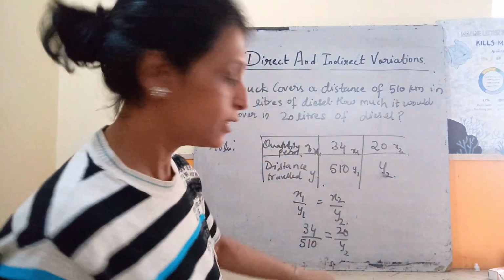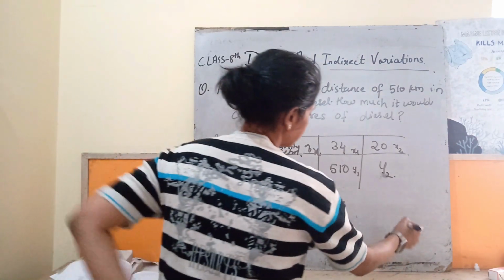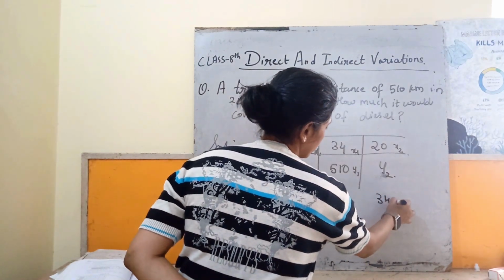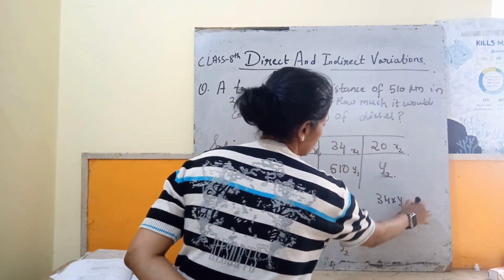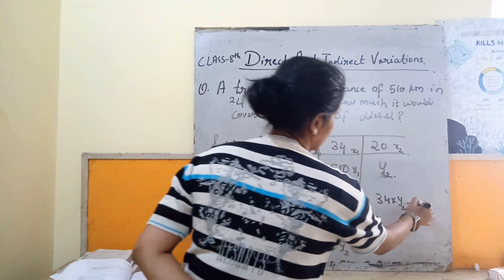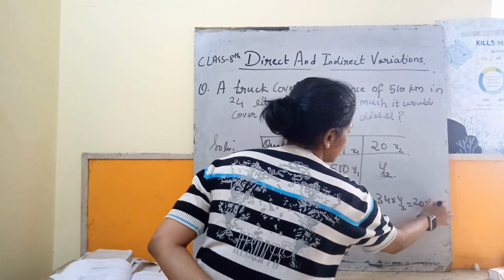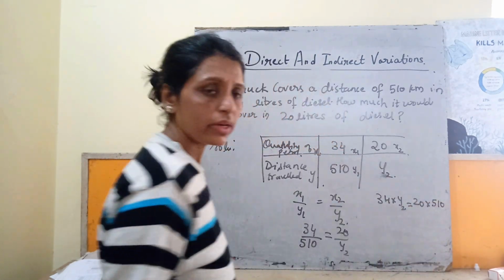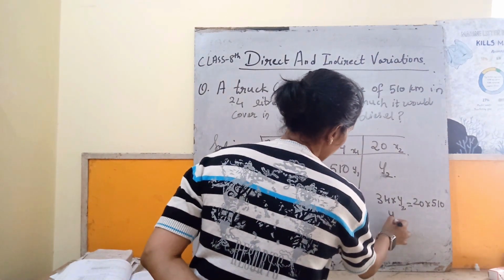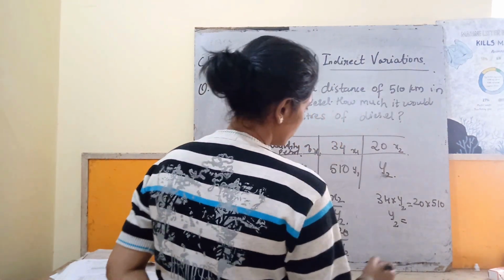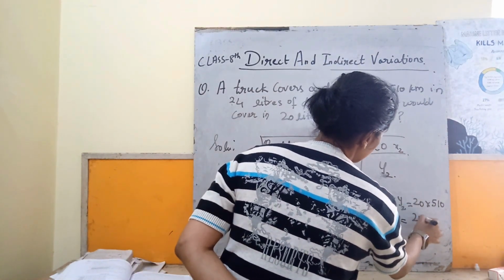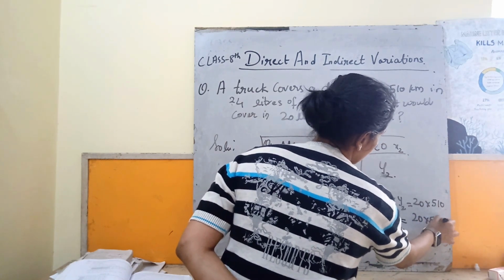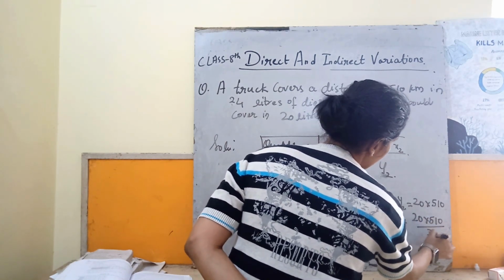Then we cross multiply. It will be 34 into y2 is equal to 20 into 510. Then y2 will be equal to 20 into 510 upon 34.